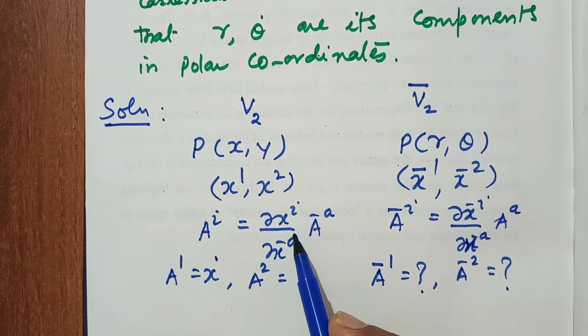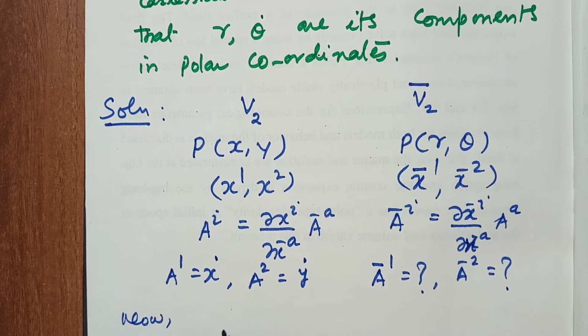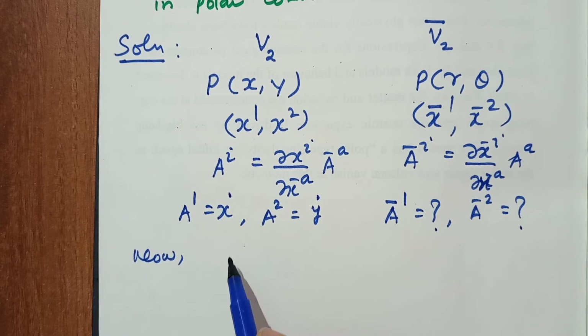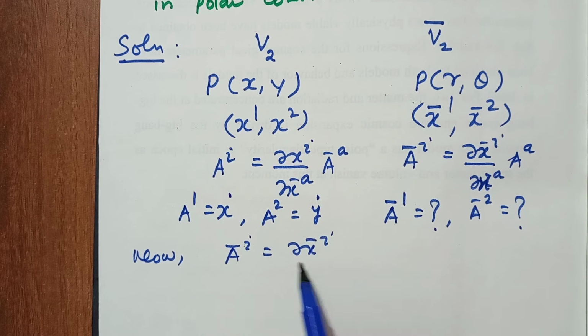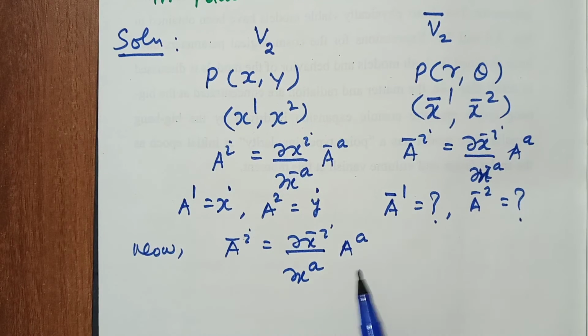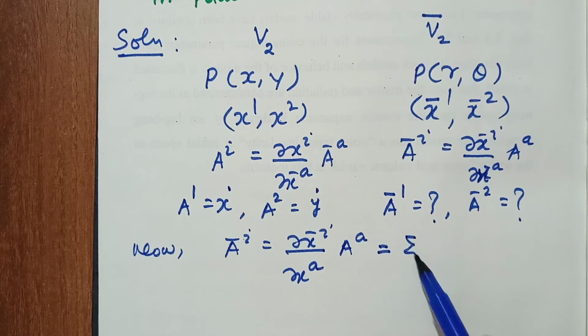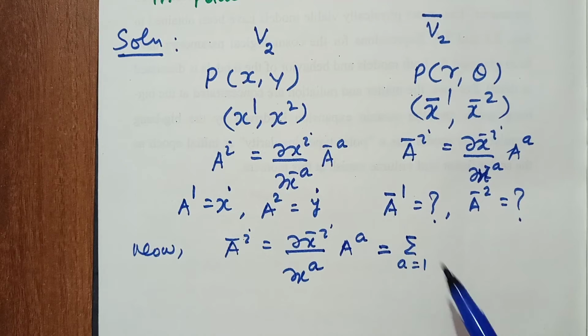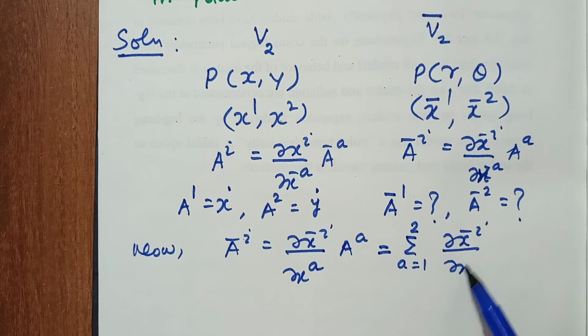Now it is clear that this is the transformation rule, so we calculate A bar i. We have A bar i equal to del x bar i upon del x^a, A^a. Since a is dummy, by Einstein's summation convention we can write the sum over a from 1 to 2 of del x bar i upon del x^a, A^a.